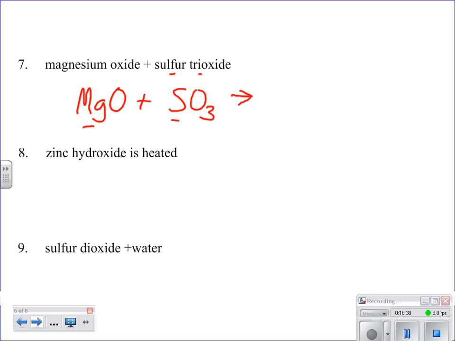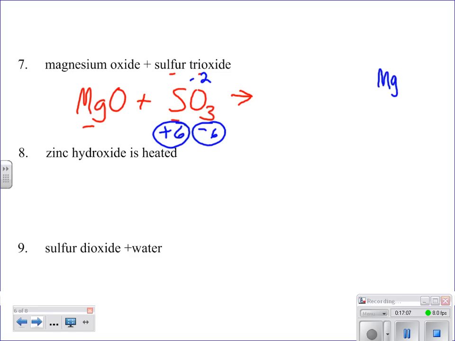We know that our possibilities are that it can form, actually, let me do it this way. We know that oxygen has the minus 2. So therefore, we're getting a total of minus 6, meaning that sulfur has to have a total of plus 6. And there's only one of them, so that one has to be a plus 6 charge, right?